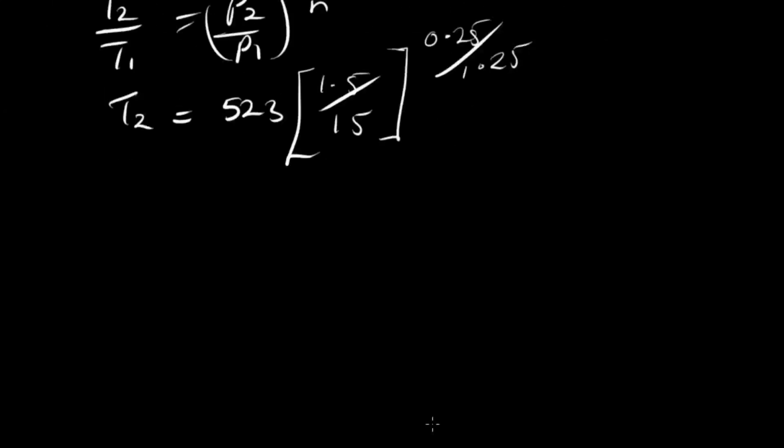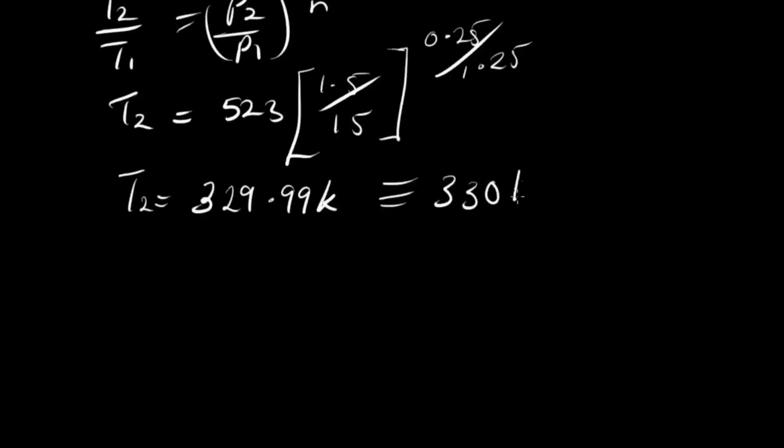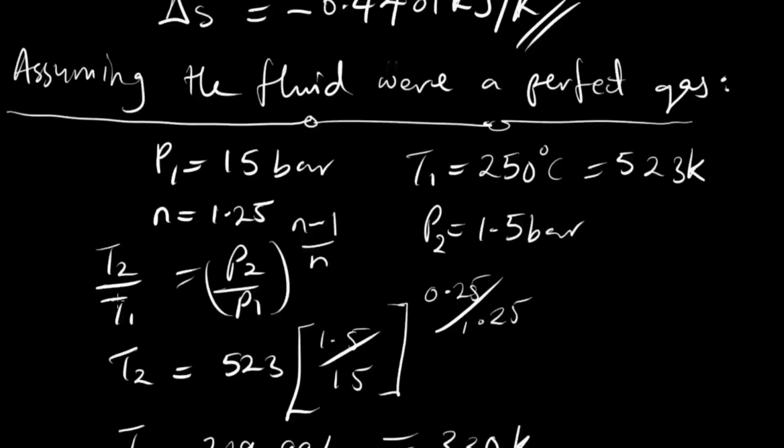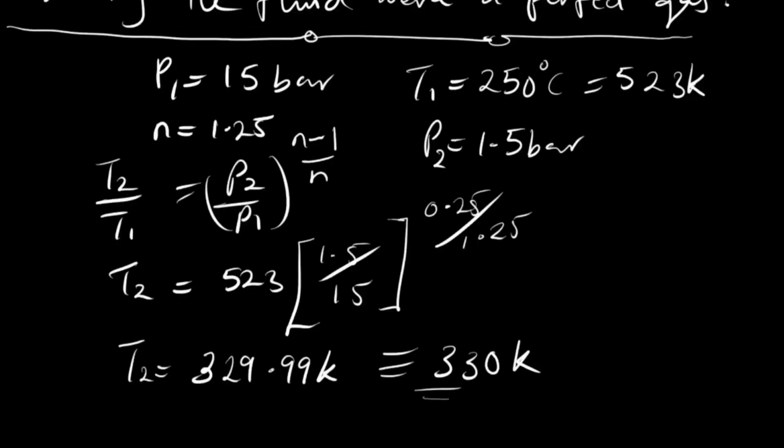So finally, doing the necessary calculations, we have that T2 is 329.99 Kelvin, which is approximately 330 Kelvin. So we have found the second temperature, that is the final temperature, which I was asked in the question.